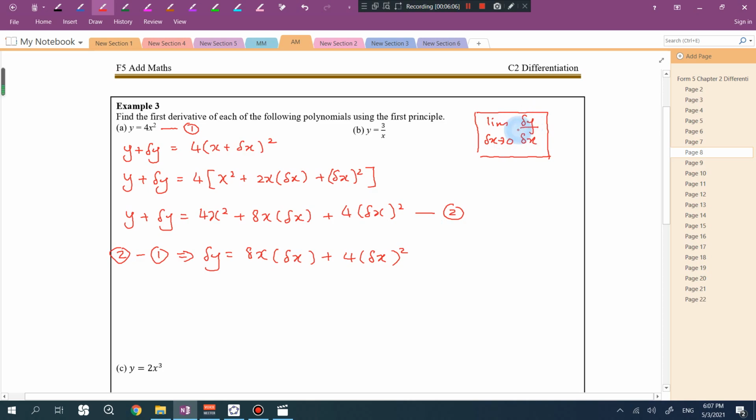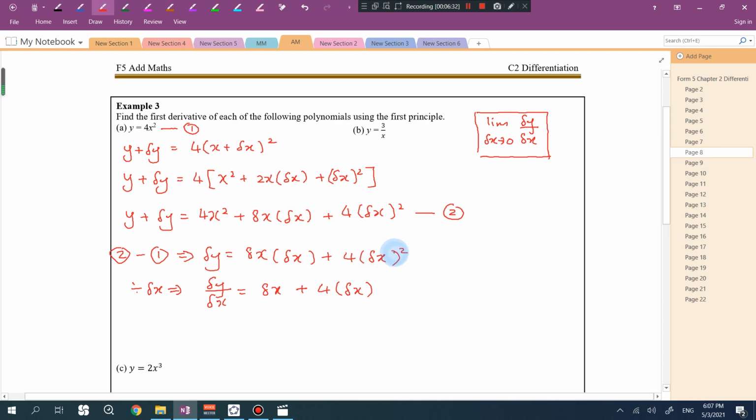The second thing, we want over delta x, right? So we divide the whole thing by delta x. So here becomes delta y over delta x. Here you divide it by delta x, you will get 8x. Here you will have 4 delta x. Okay, delta x only because now we have a square, right?